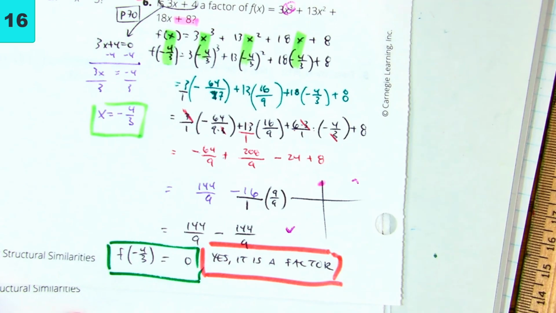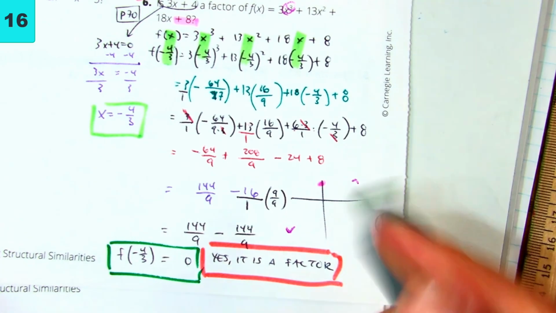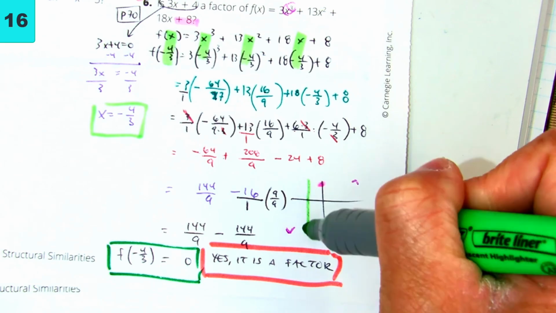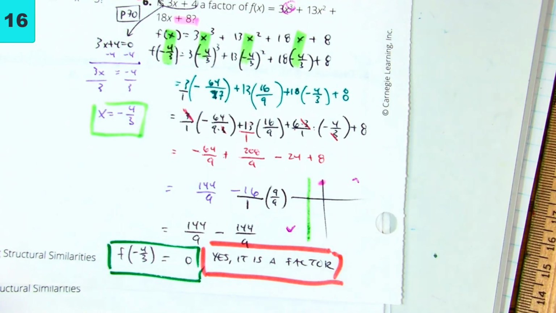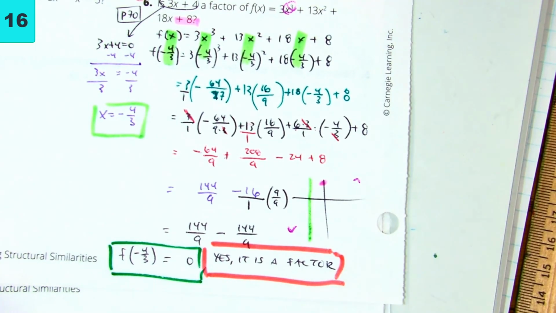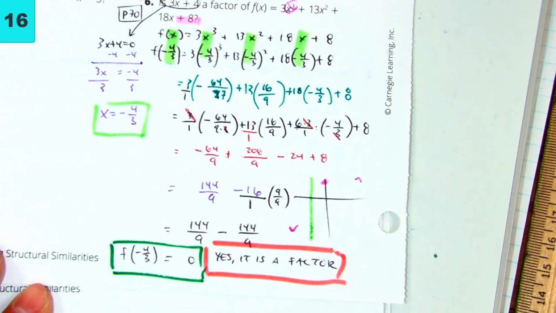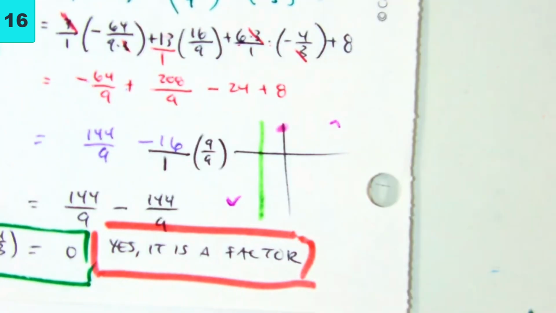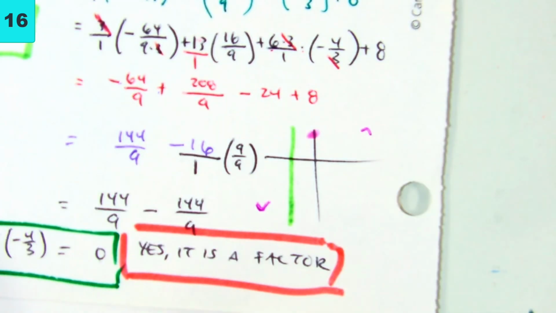And this green line I'm drawing is telling me where x equals negative 4/3. And then the ordered pair, in fact, zoom back in for you. Negative 4/3, 0 is on the screen line.